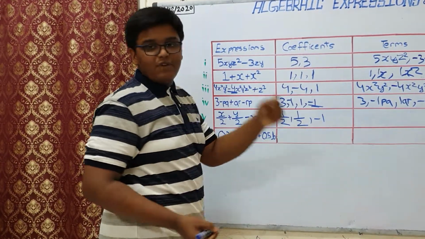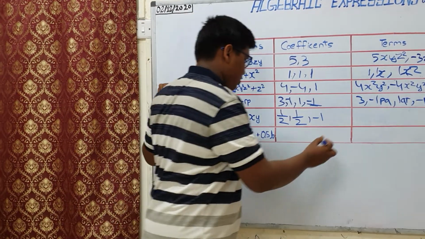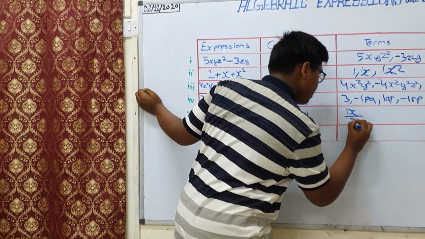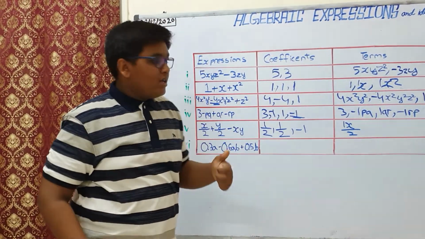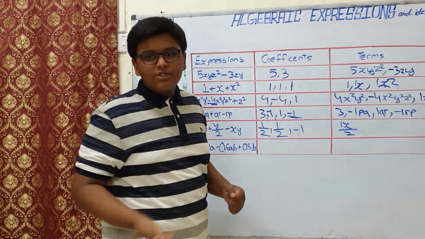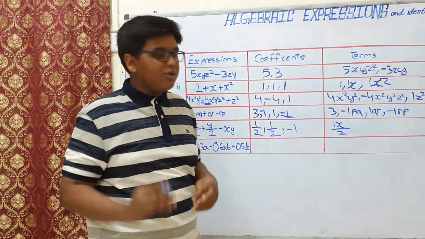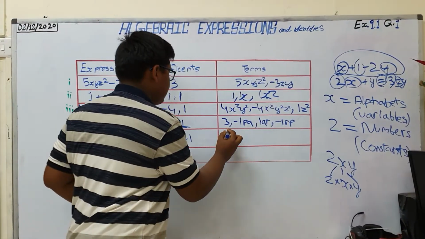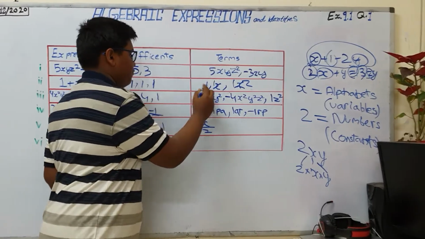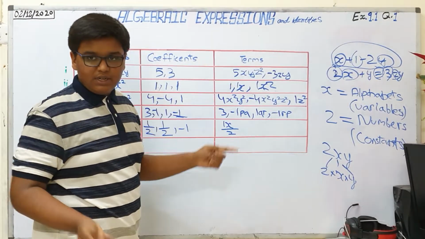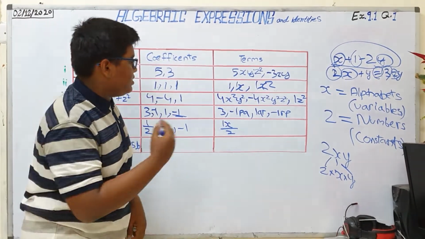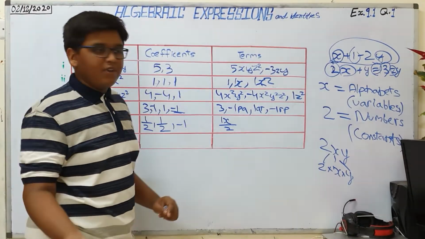Now we have to write the terms. The terms are 1x by 2. As I mentioned before, we are going to use the same rule for everything, for fractions, for decimals, anything. There is no constant at the variable, so we are taking 1.